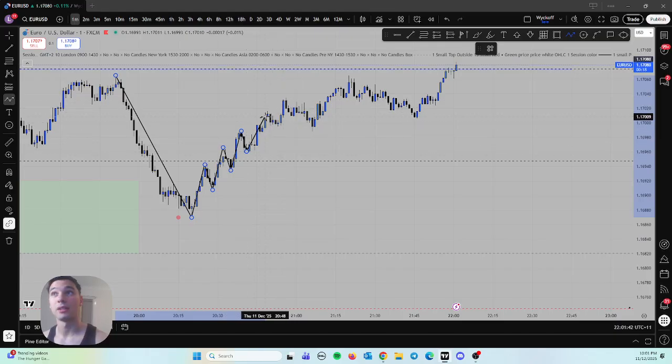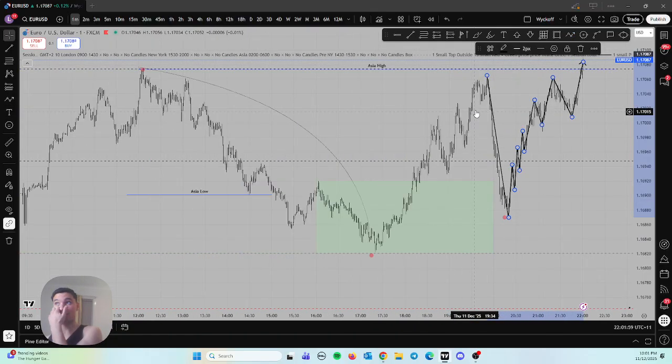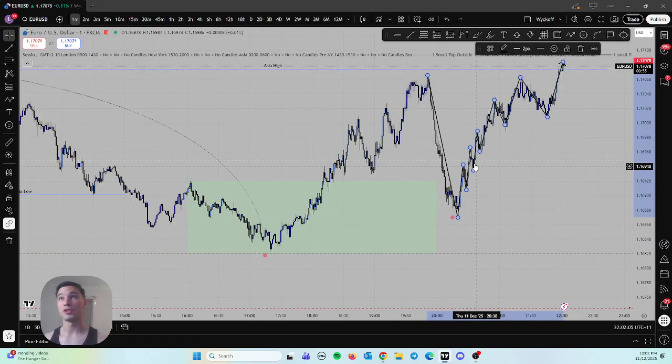And the way this is shaping, you could get this turn into a potential distribution zone.